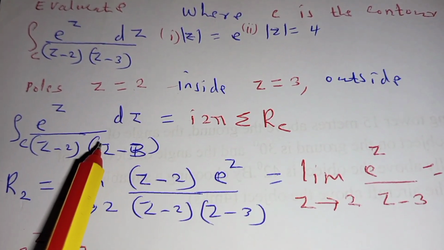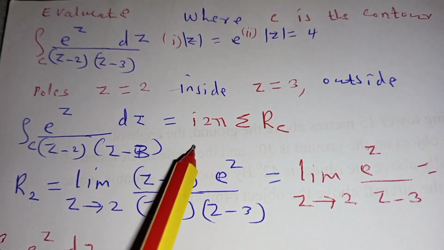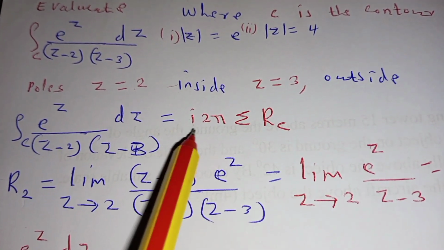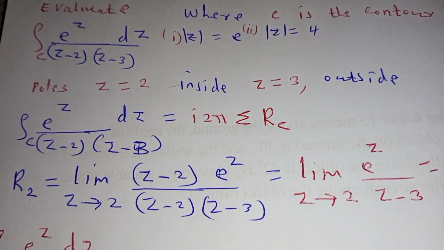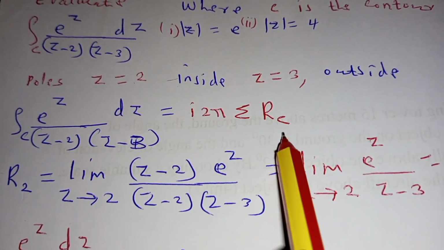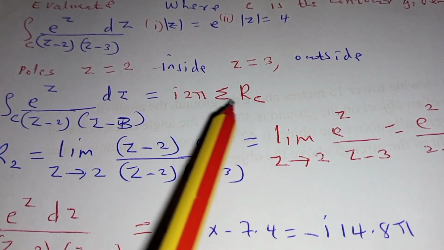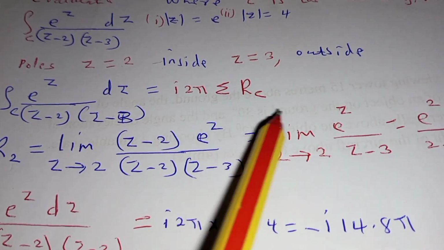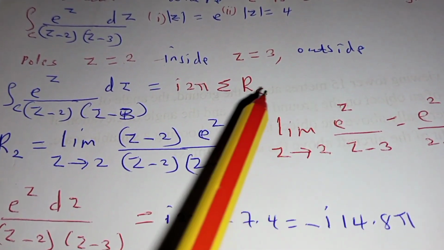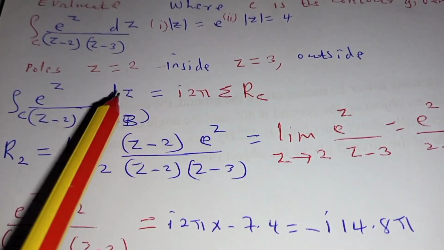Using Cauchy integral, the answer is given by i 2 pi times the sum of the residue along the contour.